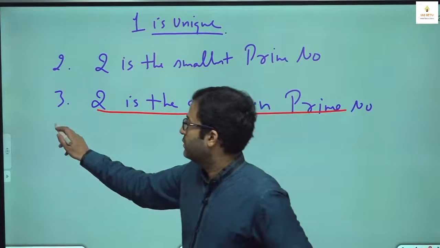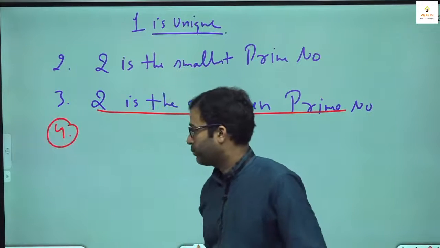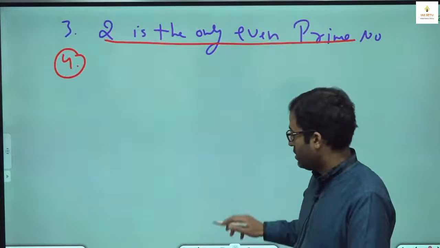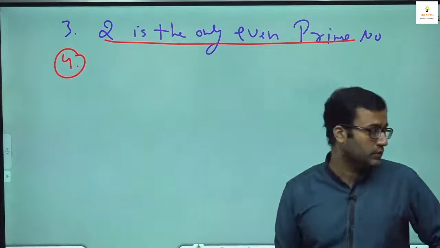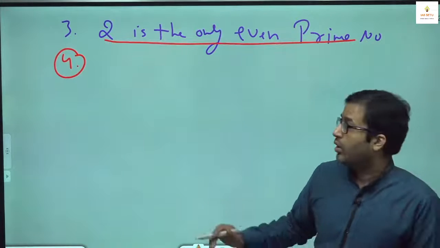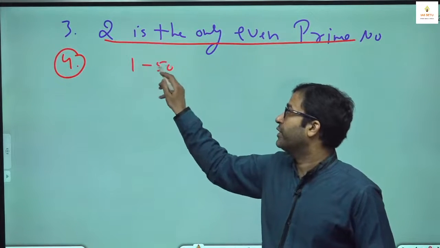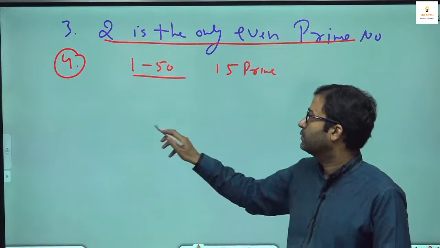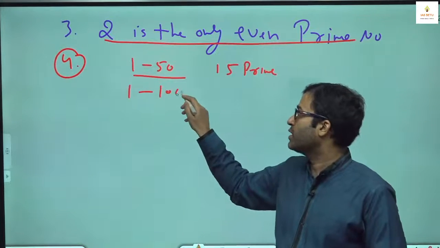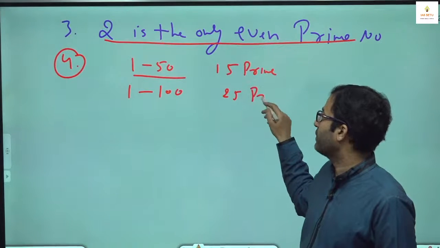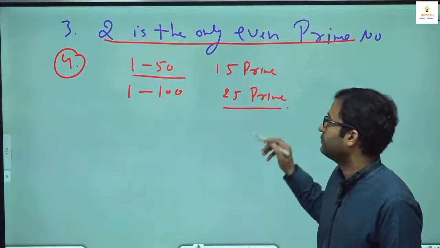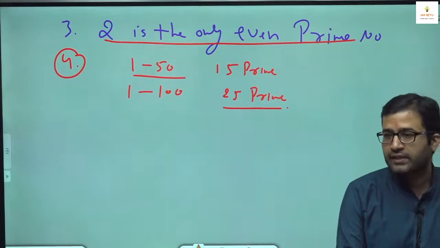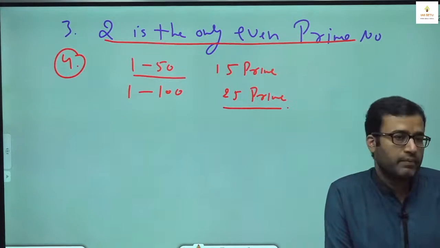Next, I give you one factual piece of information. From 1 to 50 we have 15 prime numbers. From 1 to 100 we have 25 prime numbers. Between 1 and 100, 25 prime numbers.